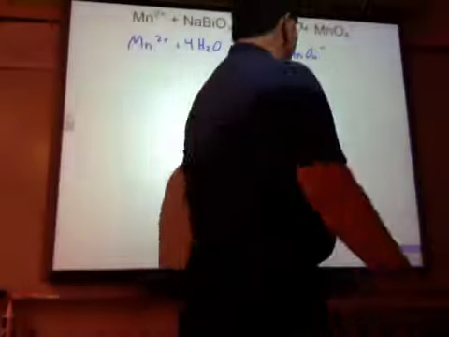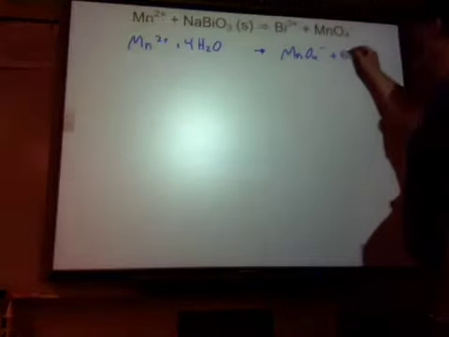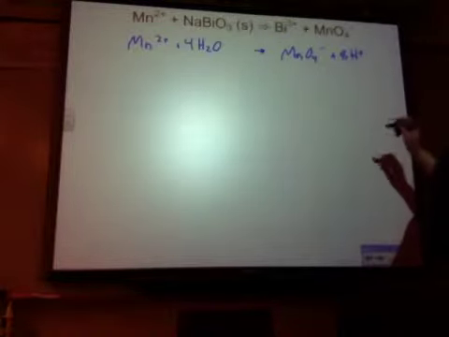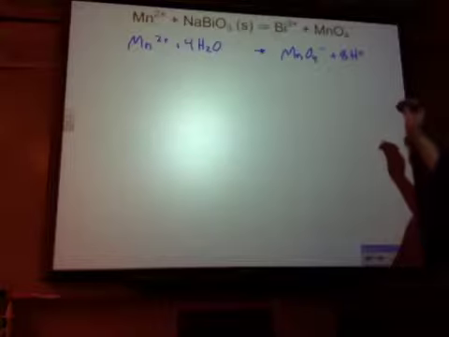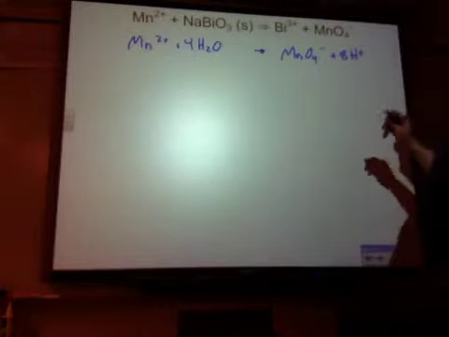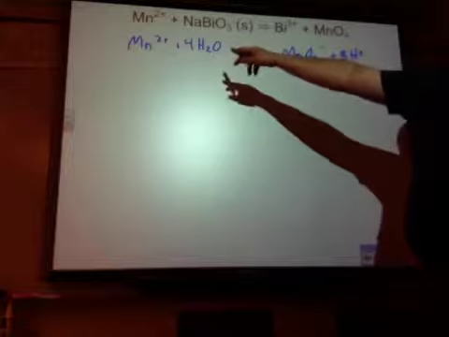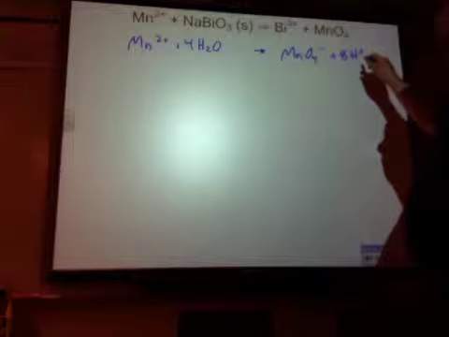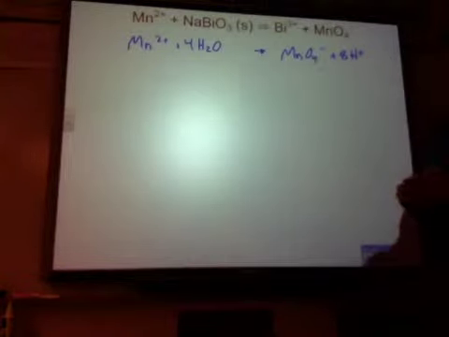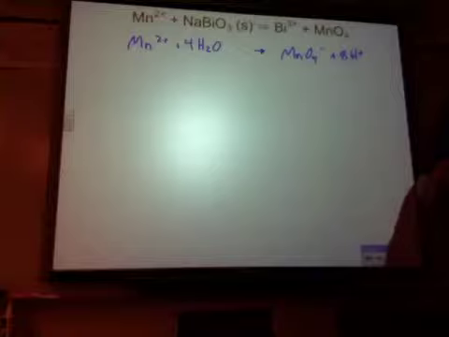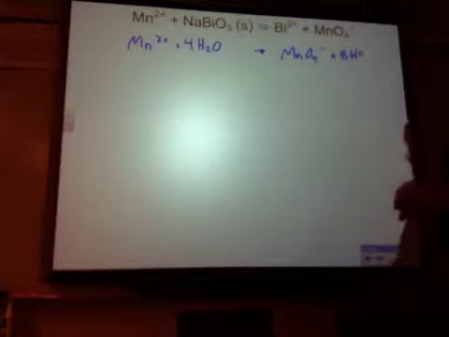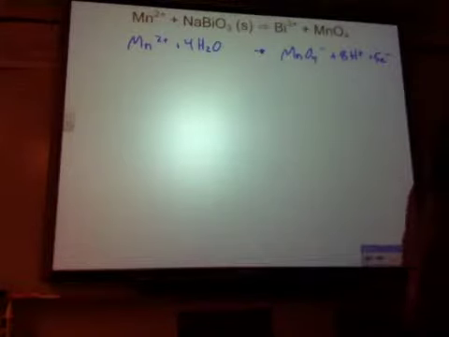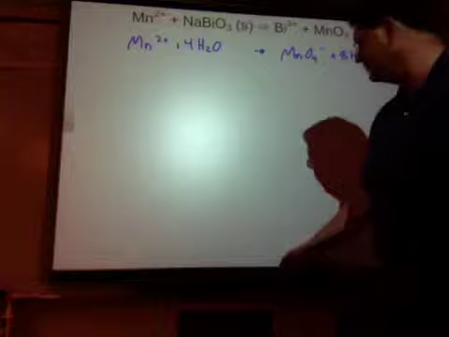We've got to put 8 H plus here. Now what? Balance charge. Total charge on the left is plus 2. Total charge on the right is plus 7. So what do we have to do to balance it? How many electrons and on which side? Plus 5 electrons. Okay. That's one half reaction.